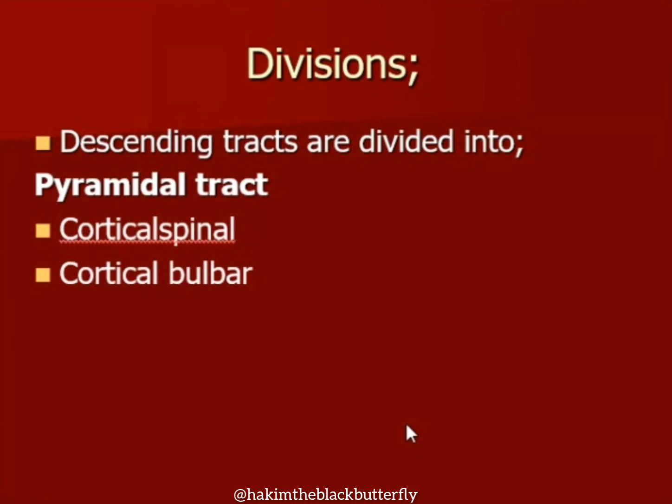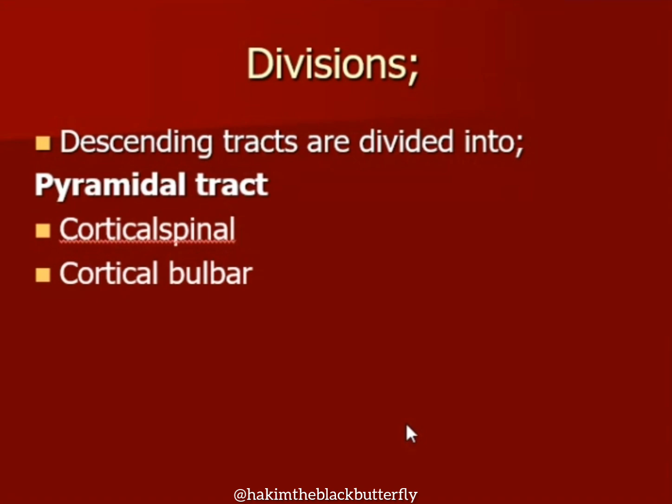When we look at the medulla oblongata, we are going to see the region of the medulla oblongata known as the pyramid. Those pyramids of the medulla oblongata contain descending tracts. And because those descending tracts are passing through the pyramids of the medulla, we call them the pyramidal tract. So one of the major divisions of the descending tracts is known as the pyramidal tract.